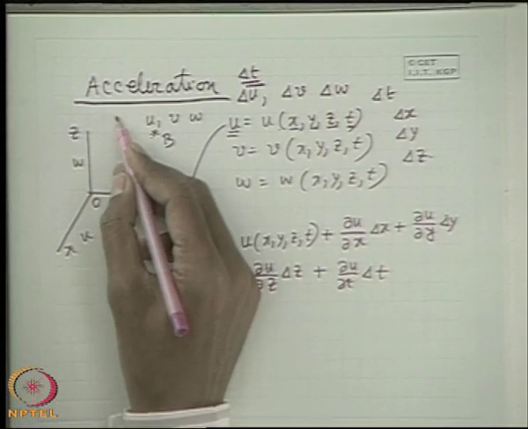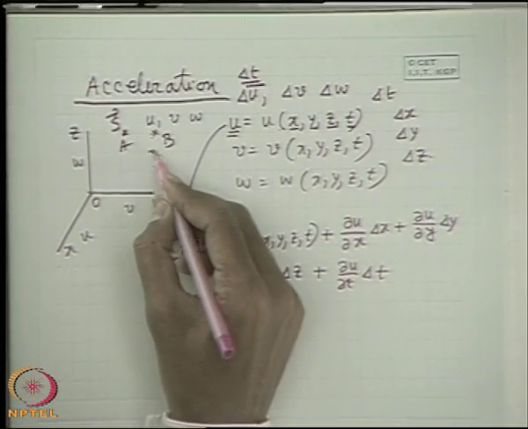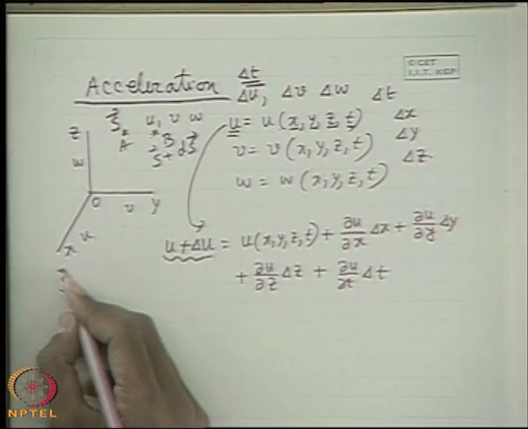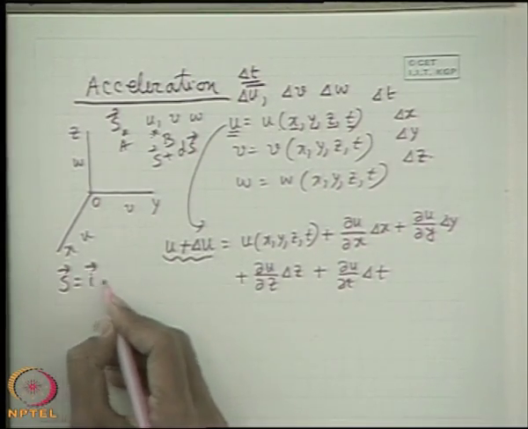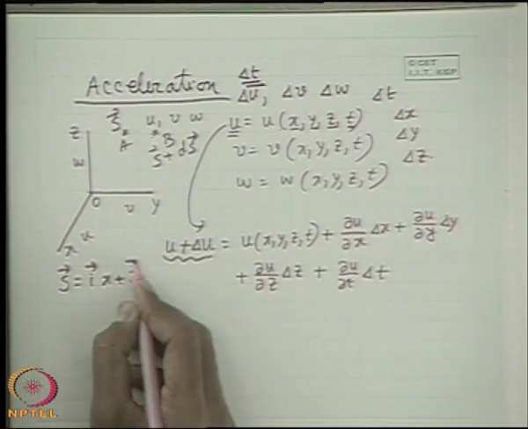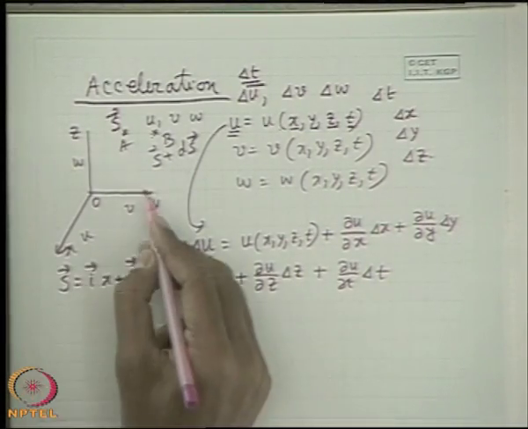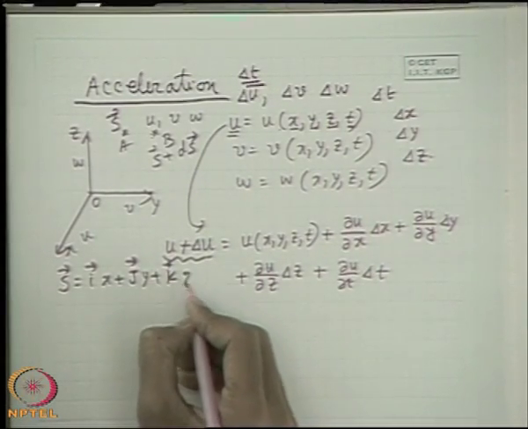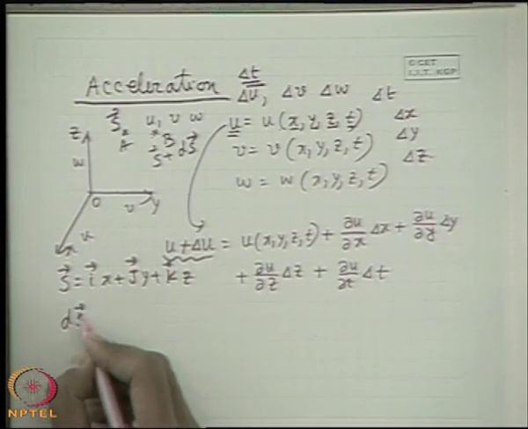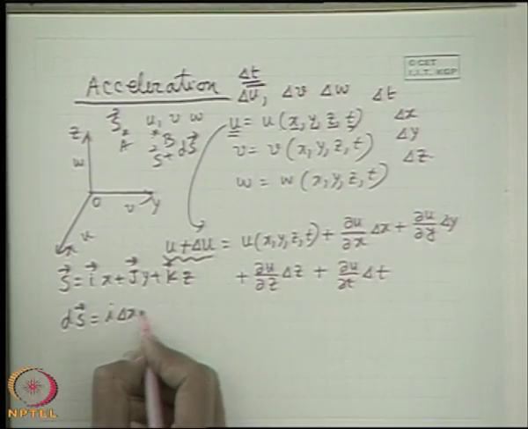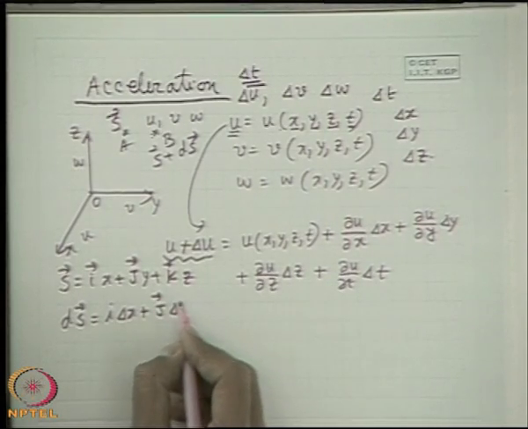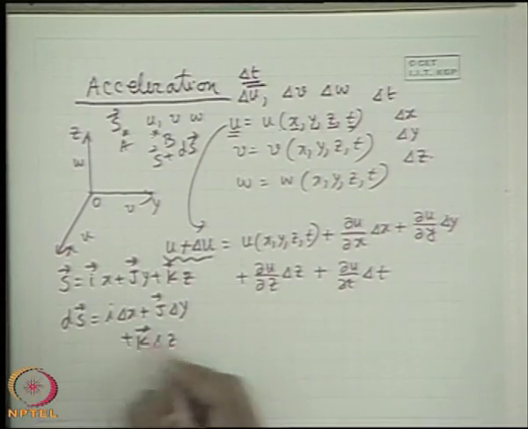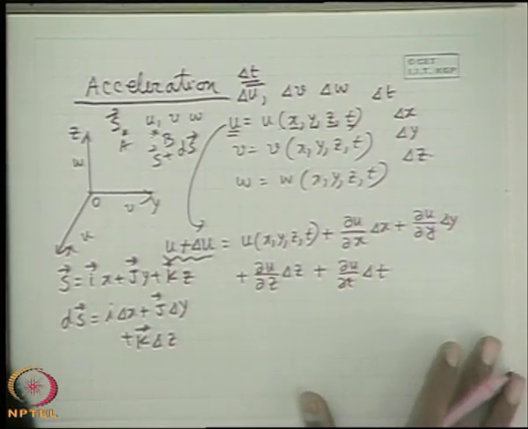The position vector is s, and here it is s plus ds. s is i x plus j y plus k z, where i, j, k are the unit vectors along the x, y and z axes. Similarly, the displacement vector ds is i del x plus j del y plus k del z. That means del x, del y, del z are the displacements during delta t.